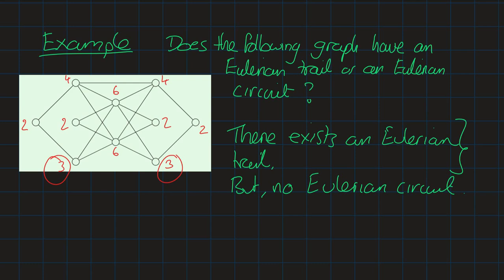One thing that you should note is, for an Eulerian trail, if there are 2 odd degree vertices, it always begins at one and ends at the other one. I don't know exactly what the trail is, but I know that it must start at one of the odd degree vertices and end at the other odd degree vertex. So this is Eulerian trails and circuits for undirected graphs. That's the end of this video.